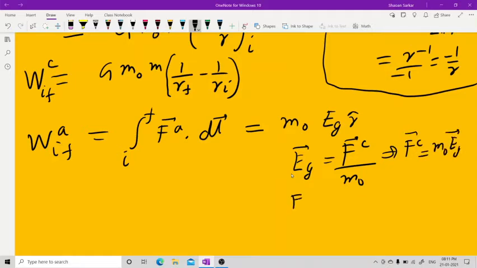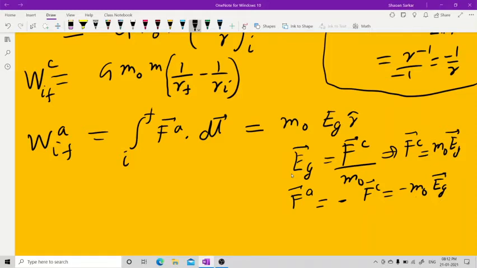Now FA vector is minus of FC vector, and therefore minus m naught eg vector, right? This is the way it is written. Yes, you get minus m naught eg vector.